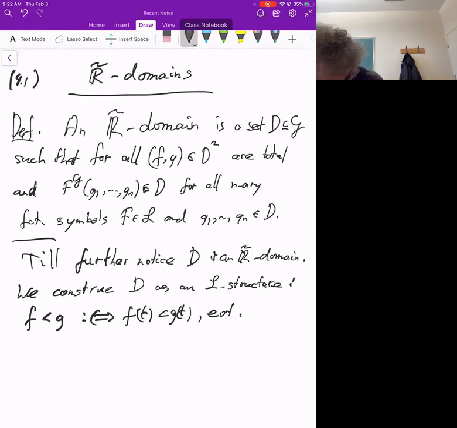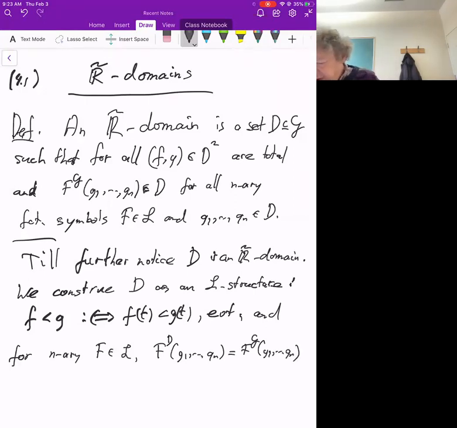And for an n-ary function symbol in L, the function that it names on D is simply F^G. It's simply the restriction of this n-ary operation on G to D.